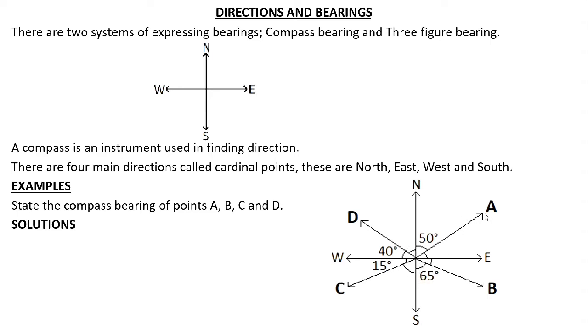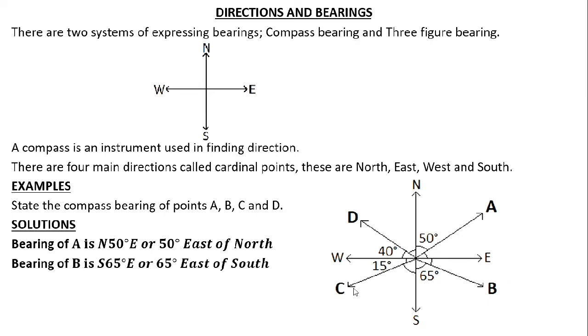So point A is north 50 degrees east or 50 degrees east of north. So bearing of A is north 50 degrees east or 50 degrees east of north. And then B is south 65 degrees east or 65 degrees east of south.